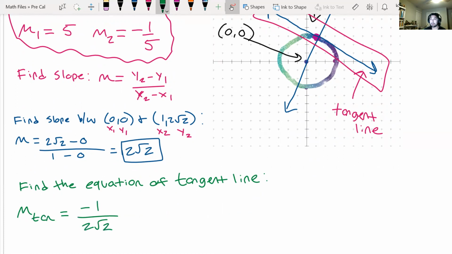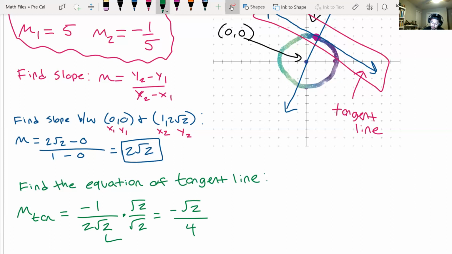And now, can I leave it like that? No. What do I have to do? What's the process called? It's called rationalizing. So you're going to multiply by just radical 2 over radical 2. And this is going to give me the negative square root of 2 over what? 4.